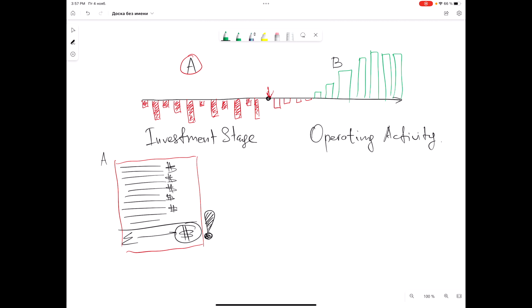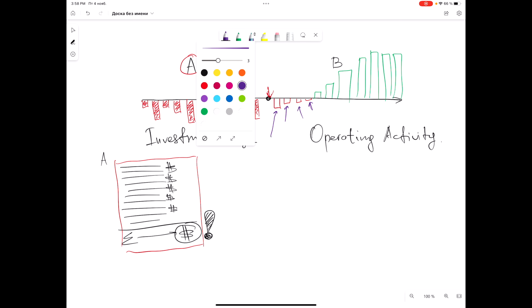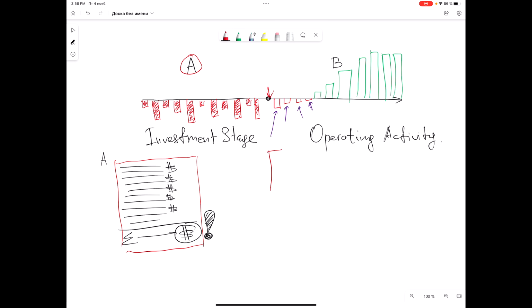So this means that if we look particularly at these months, the essence of these months is that their expenses are higher than their revenues, and you will face this amount, which will be the operating loss.